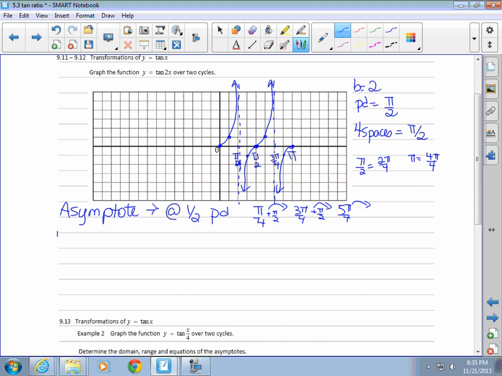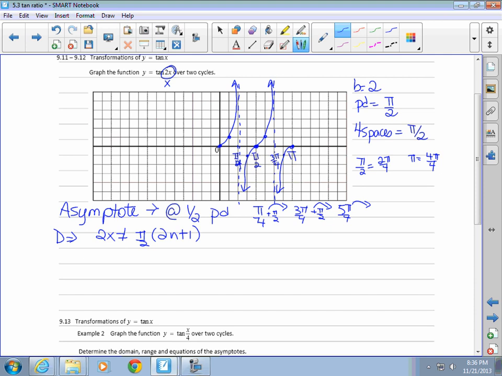Okay, to find the domain, my x has been replaced by 2x in tan x. So my domain is going to be 2x is not equal to pi over 2 times 2n plus 1. So the first thing I want to do is get rid of my denominator of 2, and it's just a matter of order of operations to solve for x.